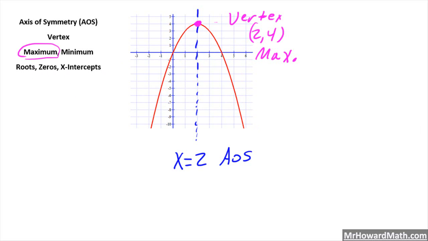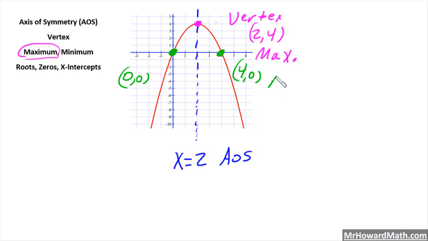And roots, zeros, x-intercepts. That means where does it cross the x-axis? So right here and right here. So that would be at the origin, (0, 0), and (4, 0). And if you notice here, these roots are equidistant from the axis of symmetry. They're both, in this case, 2 away. And that will be the case when you have a parabola that crosses twice, like this one does.